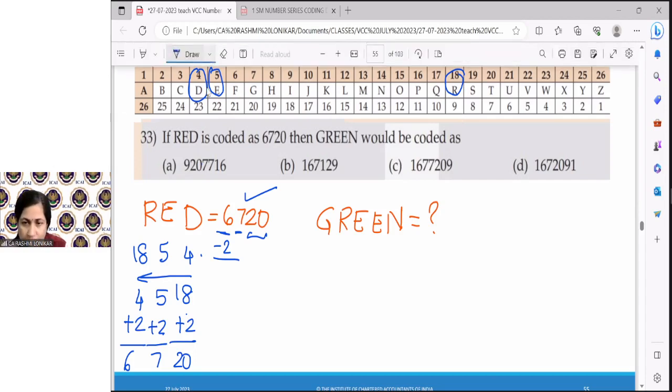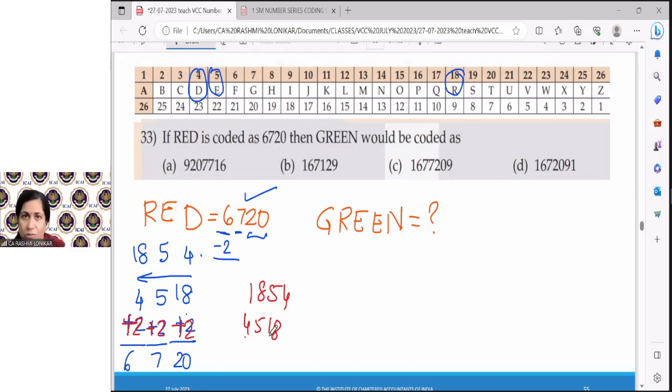So the important step here is plus 2, plus 2, plus 2. Why? Because once I reversed the order, I got 4, 5, 18, but still it was not equal to 6720. So I have just added 2 to each of these elements.